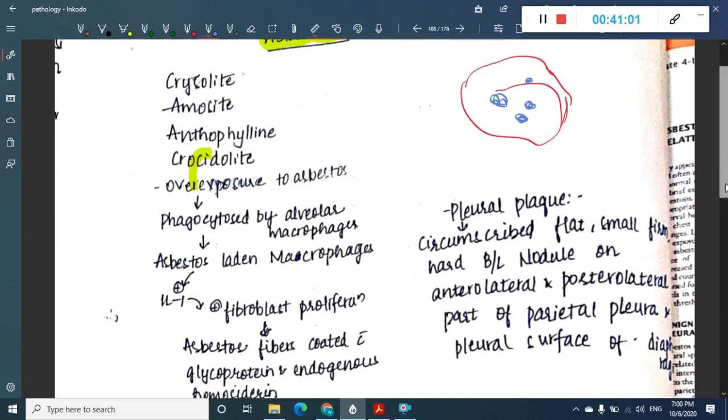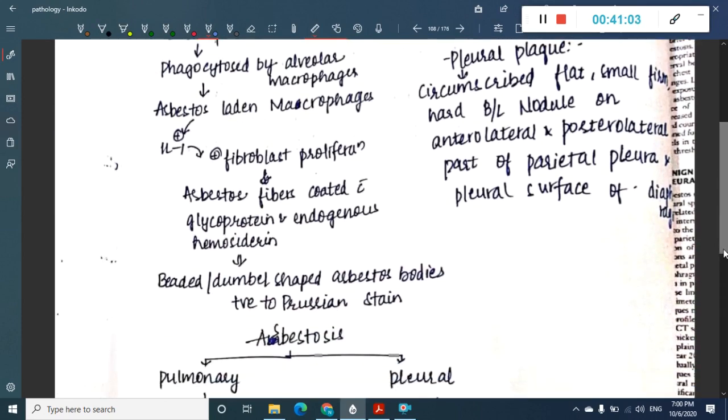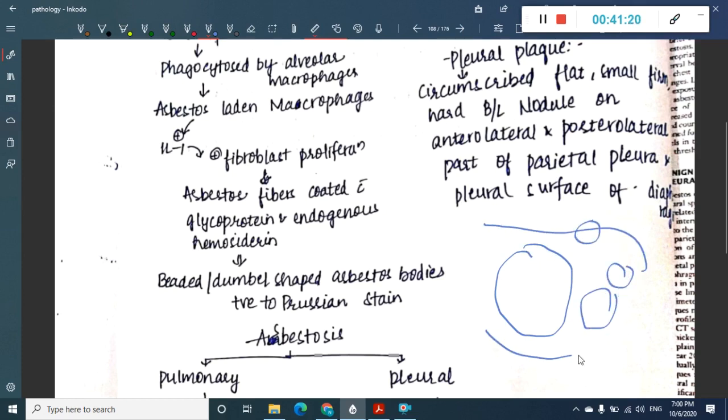These asbestos laden macrophages will activate interleukin 1, and this interleukin 1 will activate fibroblast proliferation. Okay, so because it activates fibroblast proliferation, there are many macrophages, and these macrophages are again surrounded by the fibrosis.